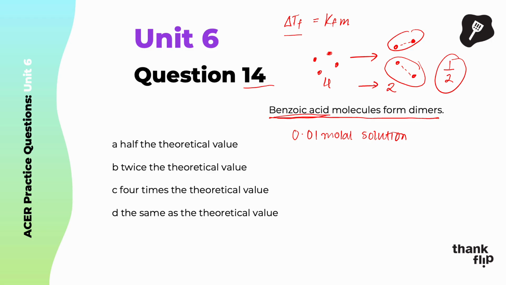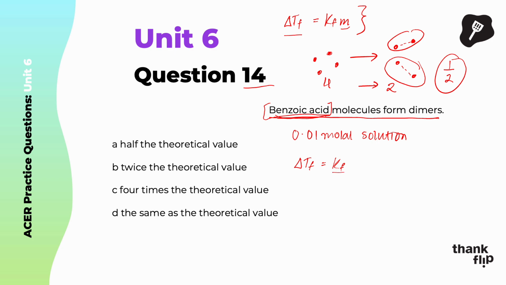So looking at this equation here, m has changed now. It changes from 4 to 2. So the theoretical value would be equal to Kf, which is constant for benzoic acid. So we're not changing the type of solution here, we're just changing the physical property of it.